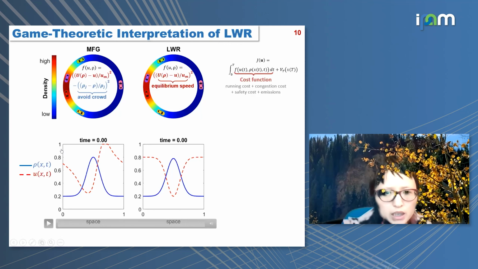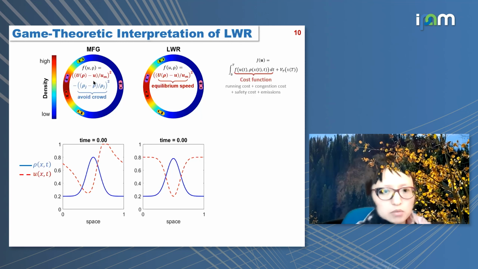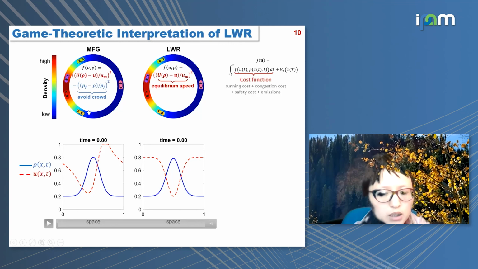Let me quickly explain the relation between the top figure and the bottom. For the top one, we start from a discrete car setup. But because we apply mean field game to traffic flow, what we actually solve is the velocity field and the density field. So it will be the blue and the red line in this figure.